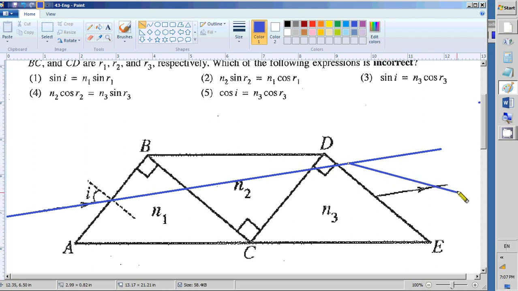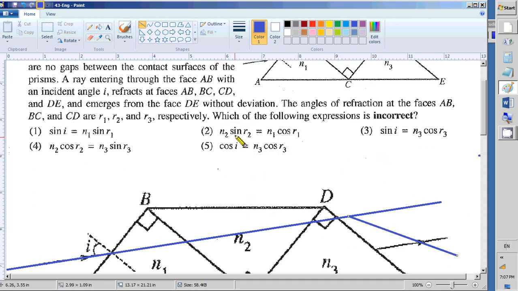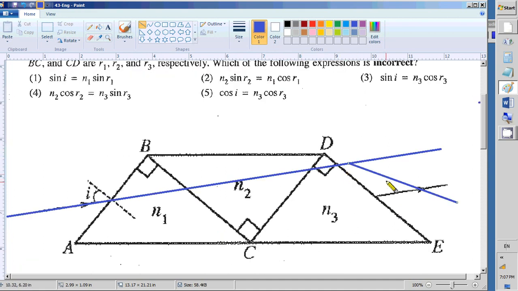They say in this question without deviation, which means the deviation angle is 0. Little by little this angle decreases and approaches the value 0. So now the angle of deviation is 0.